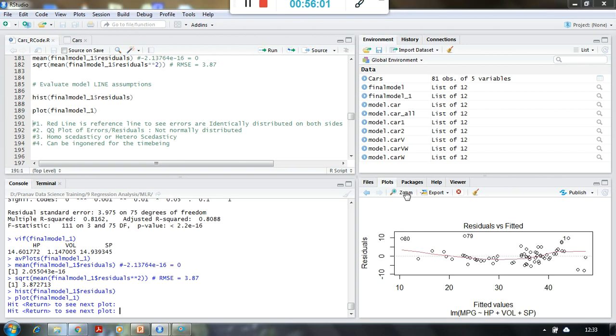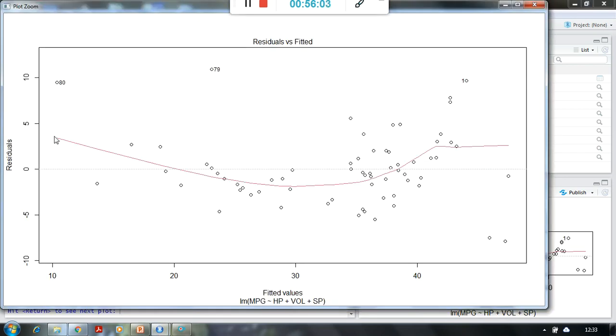As we have seen, the red line is my reference line, and this plot is going to show whether my errors are identically distributed or not. Identically means the amount of errors on this side, are we having an equal amount of errors on this side? Yes, you can see out of 81 observations, 2 we have deleted, so 79 observations, around 35 this side, 35 this side, easily we can see it, right?